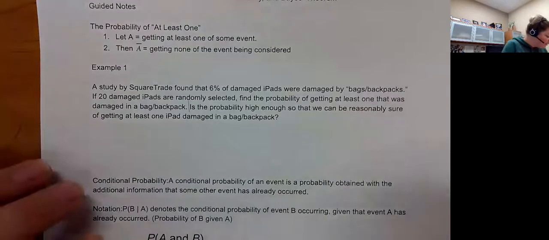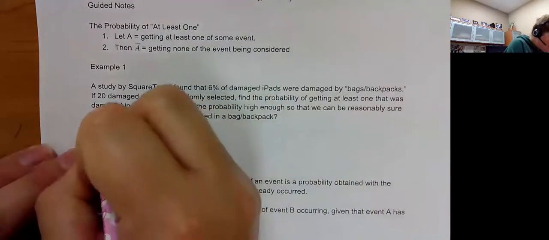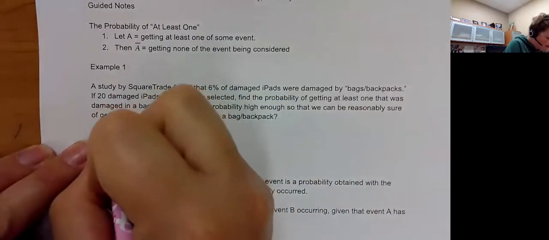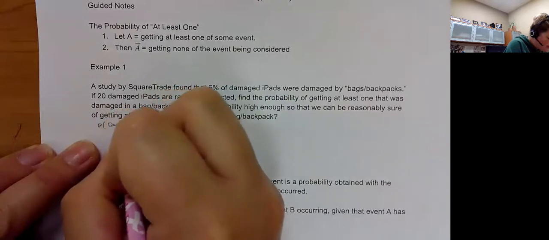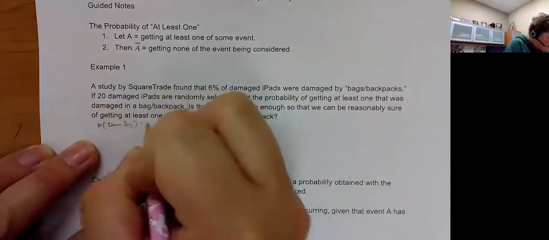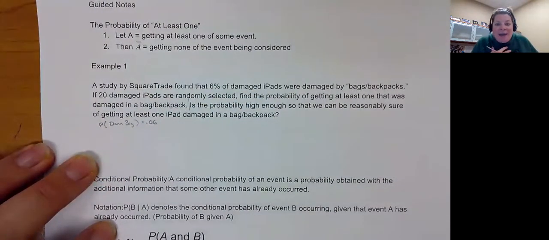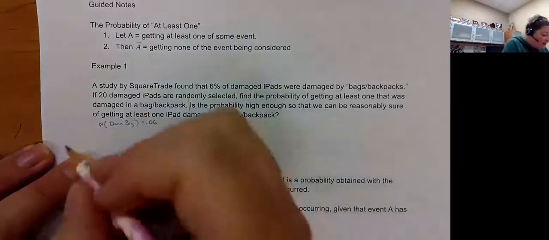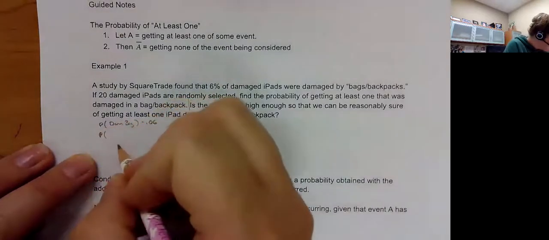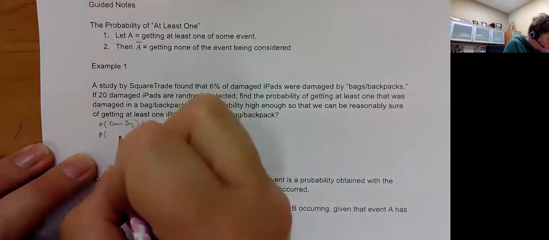So how are we going to start with this? Let's think of the probability of a damaged backpack, I'll just say bag because I'm lazy, is 0.06. So the probability of a damaged bag is 6%. Then what's the probability of not damaged by a bag?